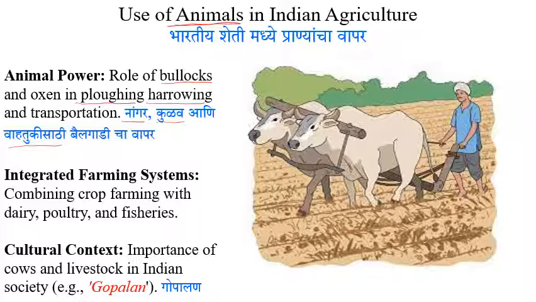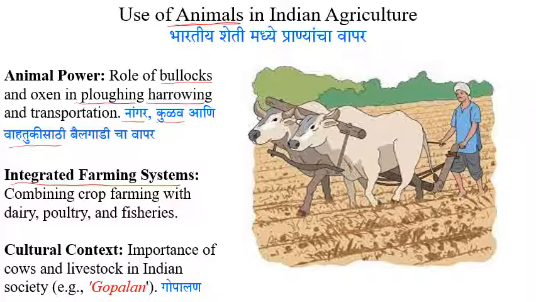Even at that time, integrated farming systems were present, and integrated farming was a very important key factor for agriculture. Integrated farming means along with one crop, you can grow another crop, or along with one business related to agriculture, you can run another business related to agriculture.